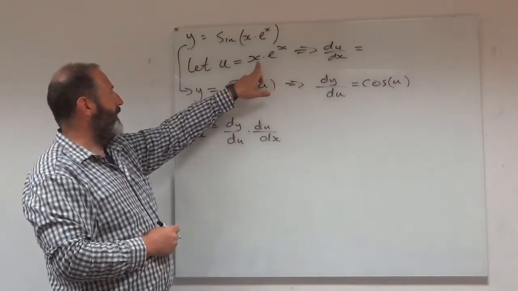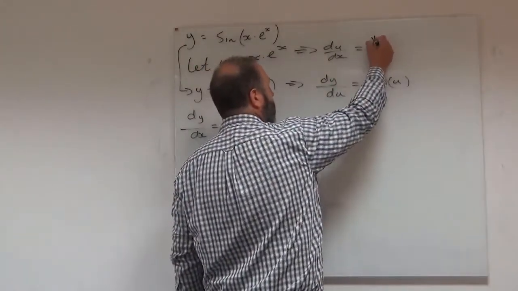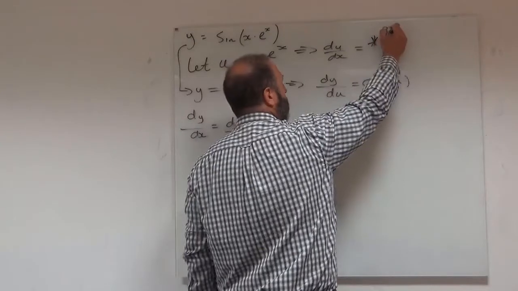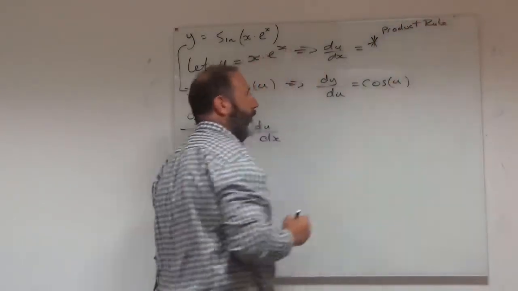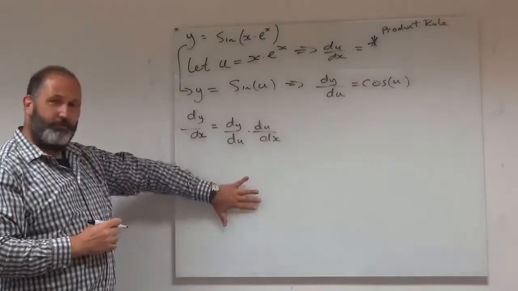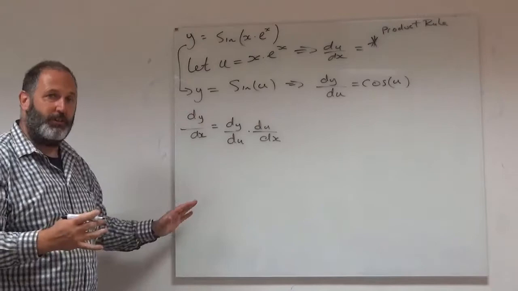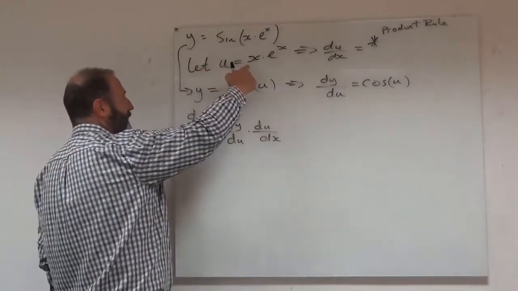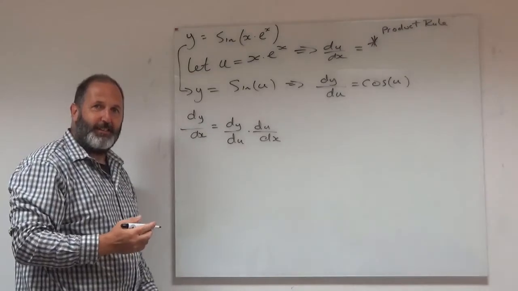However, here we have a product, so to find this answer I have to use the product rule. I'm going to use a bit of space down here and treat this as a brand new question. I want to solve the differential of x e to the x.